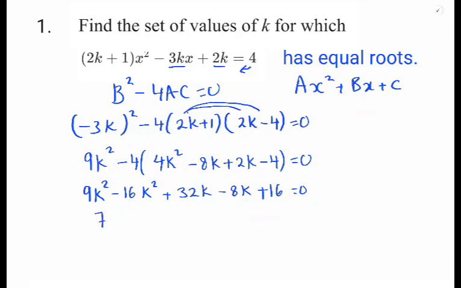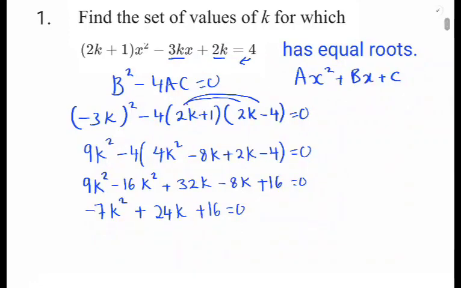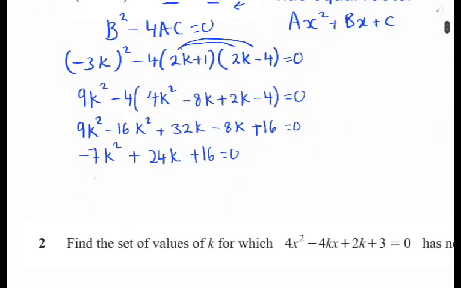So here, 7k square, negative 7k square plus, now 32 minus 8, so what do you get? 24k, and then plus 16 equal to 0. And then change all this to 7k square minus 24k minus 16 equal to 0.